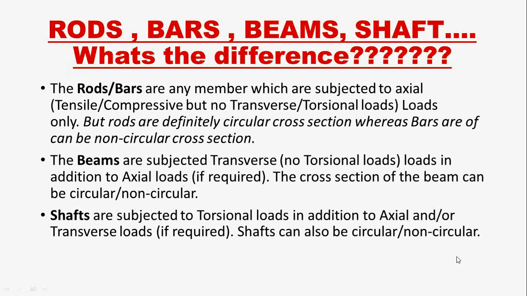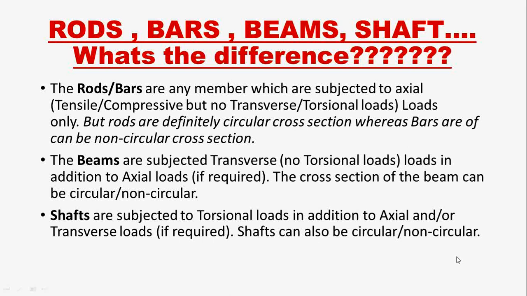Rods and bars are the same member, subjected to an axial load, which may be either a tensile or compressive load. The difference is in physical structure. When the cross section of your member is circular, then we call it a rod.